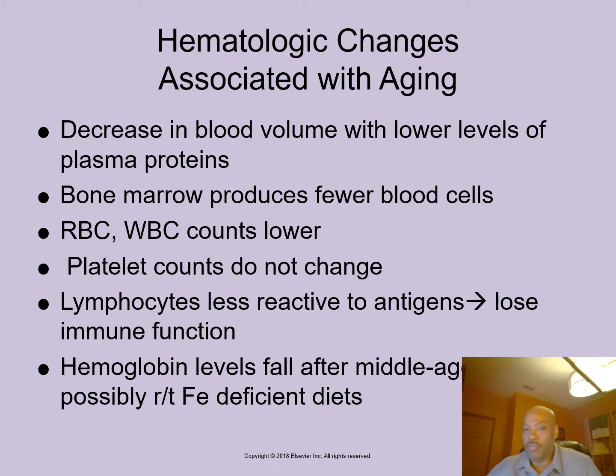You know, antigens are those foreign substances that the body must recognize and fight against. So these older adults lose this particular immune function. Hemoglobin levels fall also after middle age, possibly related to iron deficient diets. So here again, teaching becomes very important, so we must help these patients to maintain a diet rich in iron.